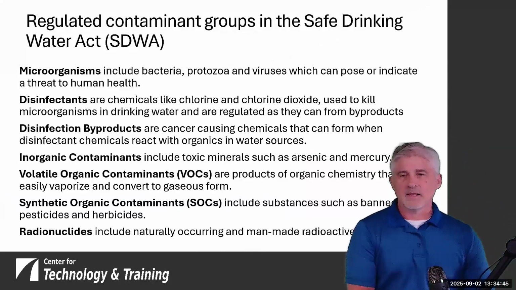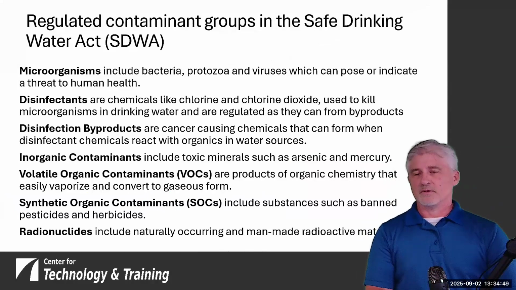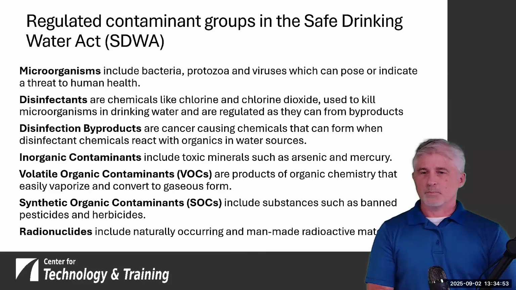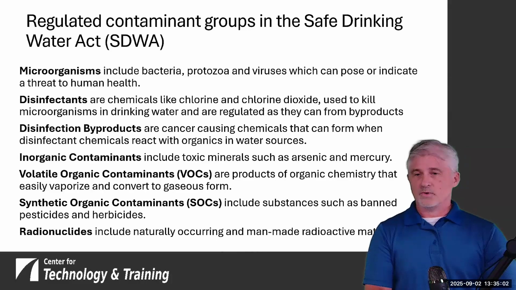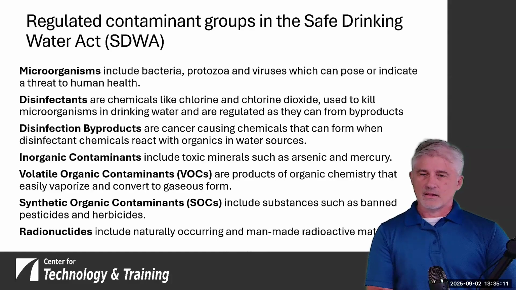So EPA has 7 different groups of regulated contaminants for the Safe Drinking Water Act. There's the microorganisms, those are the bugs and things. There's disinfectants, which are things that we add to try and make the water safer, whether it's chlorine dioxide and those things.